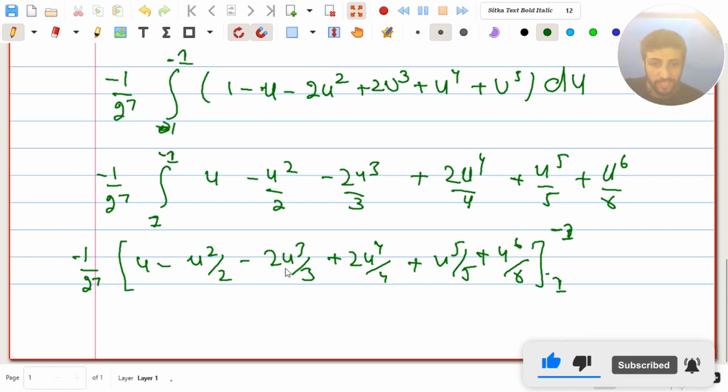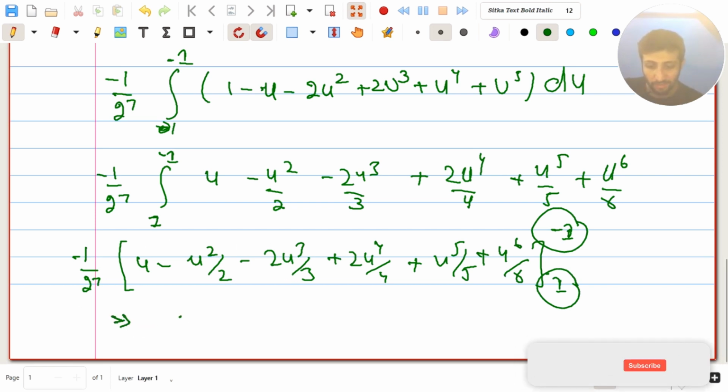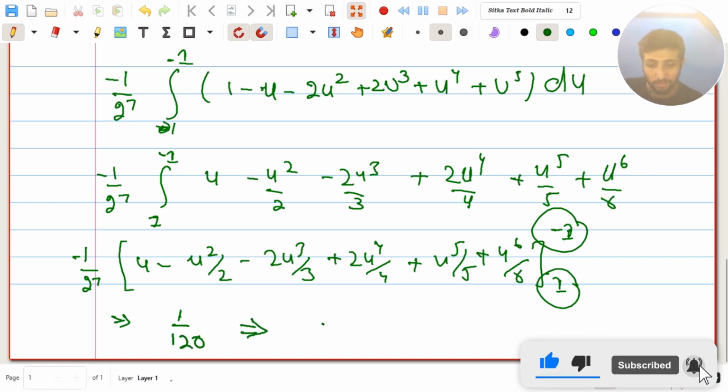Now this is really simple: it is simply the upper limit minus the lower limit. Plug in u as minus 1, then subtract the value with u as 1, and you will get 1 over 120.